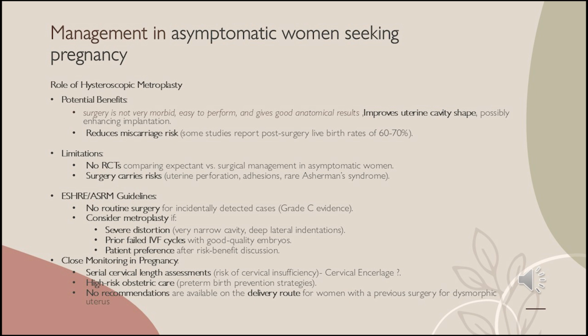What is the limitation? There are no RCTs comparing expectant versus surgical management in asymptomatic women, and surgery carries a slight risk of uterine perforation, adhesion, and rarely Asherman syndrome.